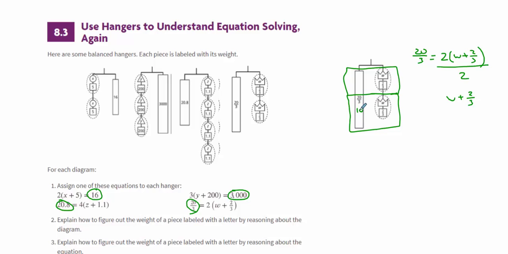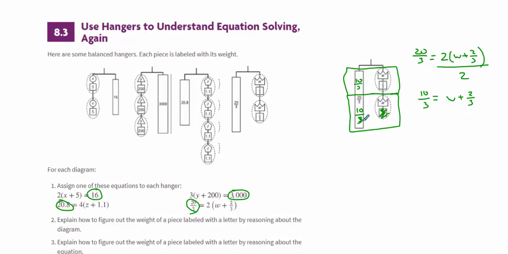That means each side is 10/3, right? Because 10/3 and another 10/3 gives me 20/3. So this 10/3 is equal to one group of w plus 2/3. So now I'm going to take away 2/3 from here, and I'm going to take away 2/3 from the 10/3.